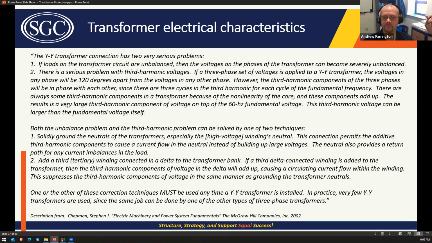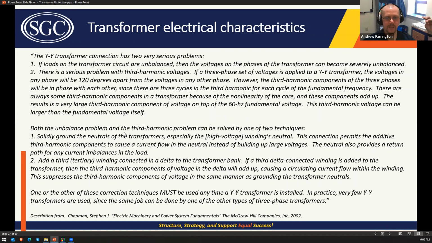So there are always some third harmonic components in a transformer because of the nonlinearity of the core, and they add up, like I just said. And this can result in a very large third harmonic component of the voltage on top of the 60 Hertz fundamental voltage. And this third harmonic voltage can be larger than the fundamental voltage itself, which is not good for the system.